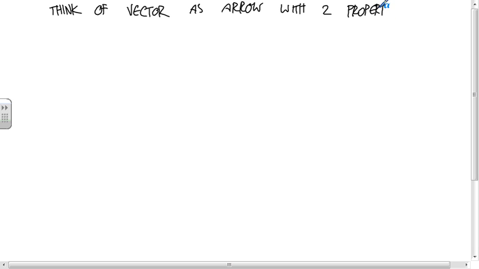Okay, so for a vector, think of a vector as an arrow with two properties. A magnitude, which you can think of as the arrow's length.